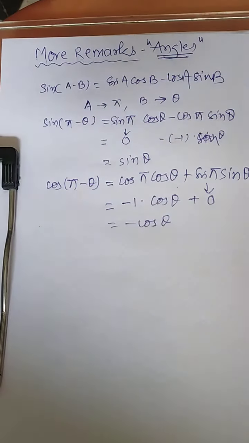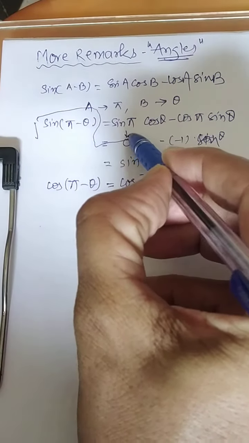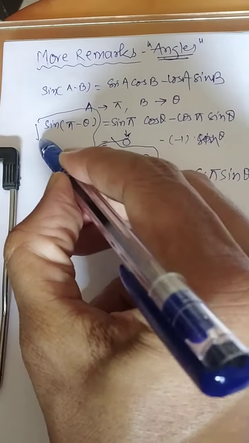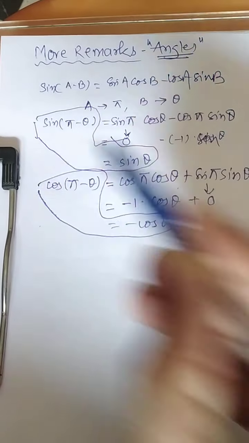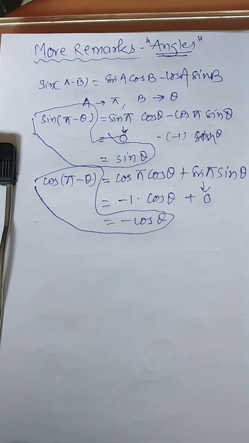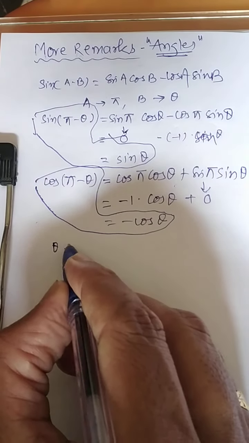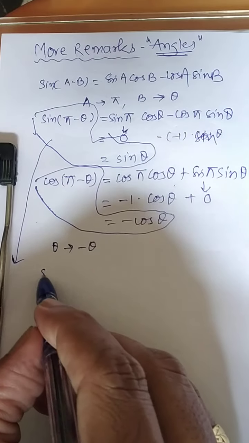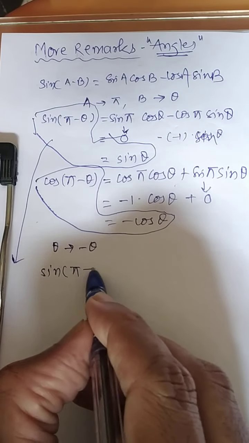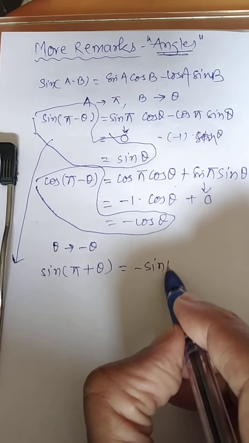Now, look at this. This is one of the remarks. Sin of pi minus theta will be equal to sin theta, and cos of pi minus theta will be equal to minus cos theta. These two remarks I will be putting. Now, what to do? Now theta can be changed to minus theta. The first remark, over here sin of pi plus theta, is minus sin theta.